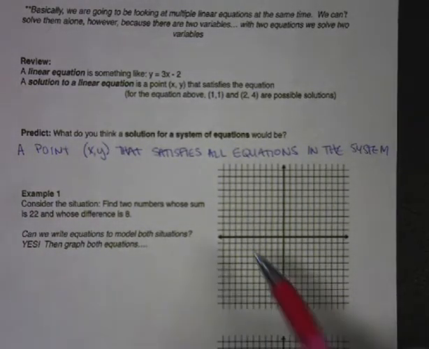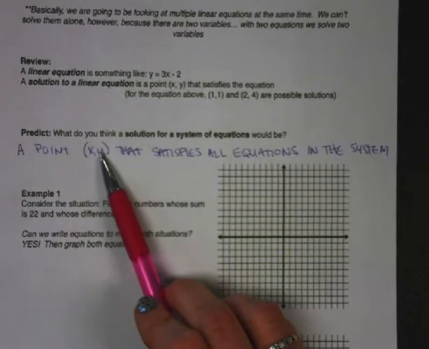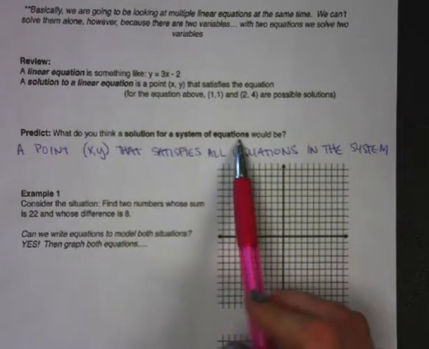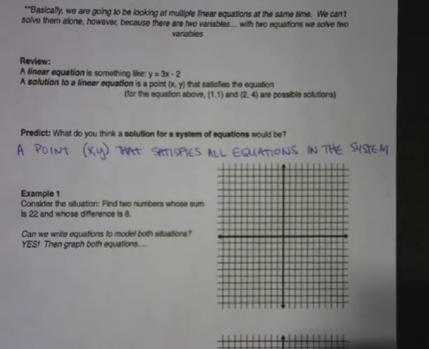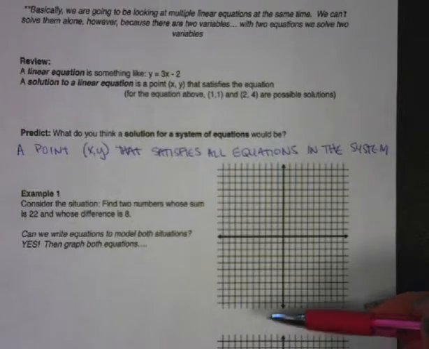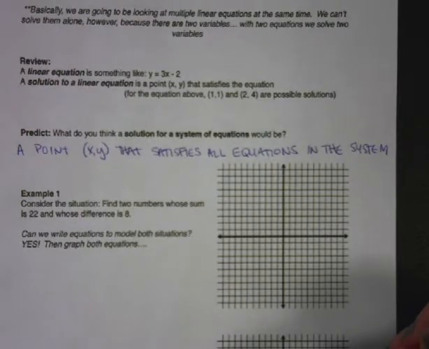There's lots of ways to find this point, the solution to a system of equations. We're going to learn one method today, and that's by graphing. Graphing works if your numbers are nice, they're integers, and if the equations aren't really crazy. It's a good way to visually see what the solution looks like. But we're going to learn other methods after this for when our situations or equations are not as nice.